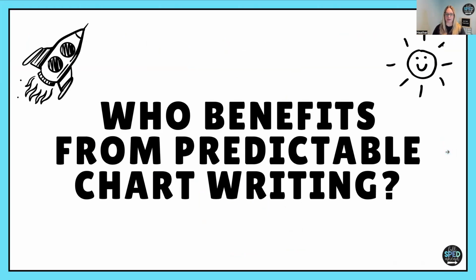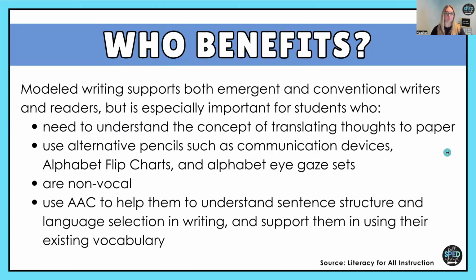All right, so who benefits from predictable chart writing? This is always the question. I talked about those mild, moderate, to severe types of disabilities. Students who use AAC is another really great one, and we'll talk about how to incorporate that in just a moment. We want our emergent and conventional writers and readers to be able to do this, and we'll talk about how to decipher who they are in a minute, whether they're emerging in their skills or conventional in their skills.